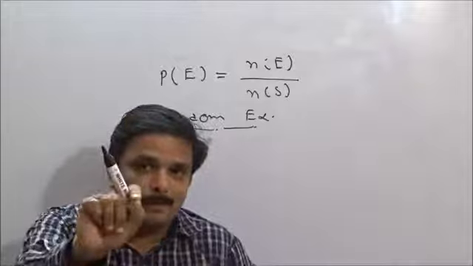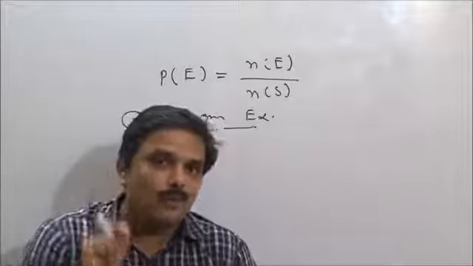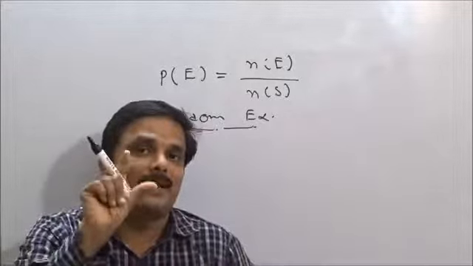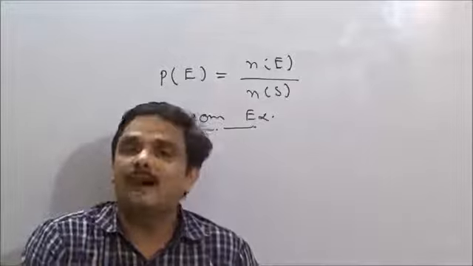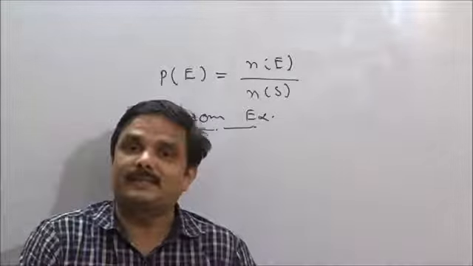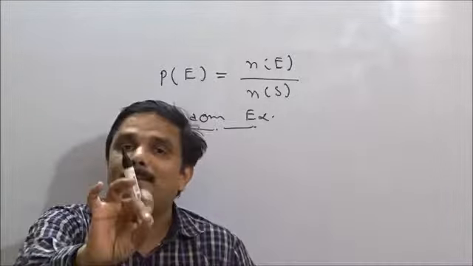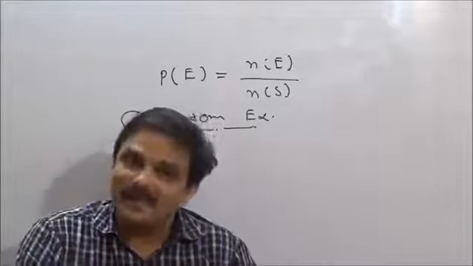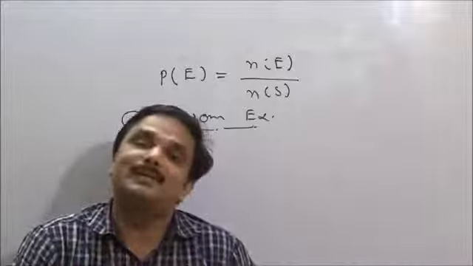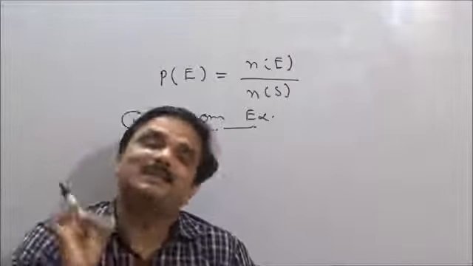If you are picking up a card, or 2 cards, or 3 cards from a pack of 52 cards, every time the same card may not be picked up. Yes or no? This type of experiment is called a random experiment.